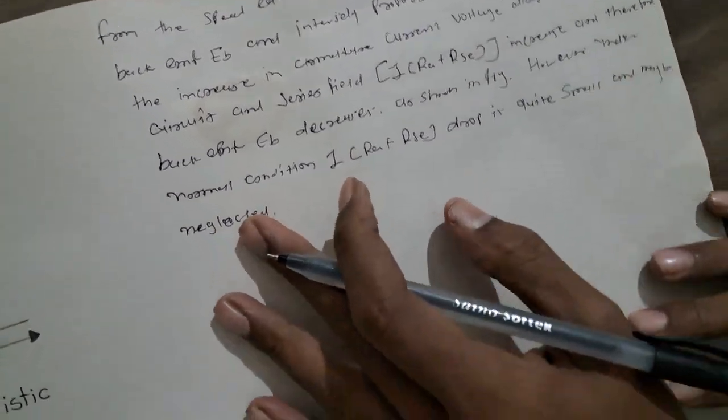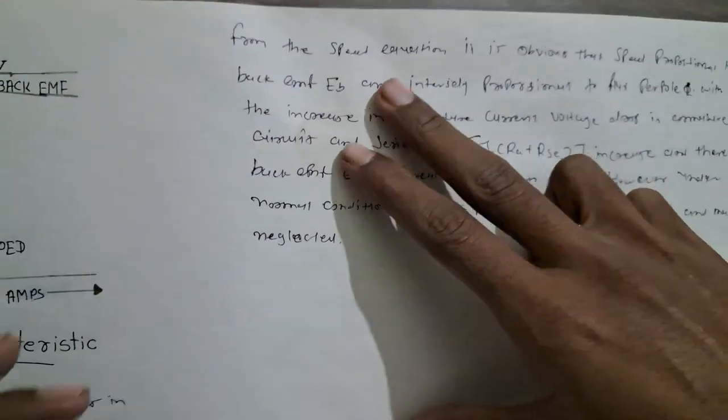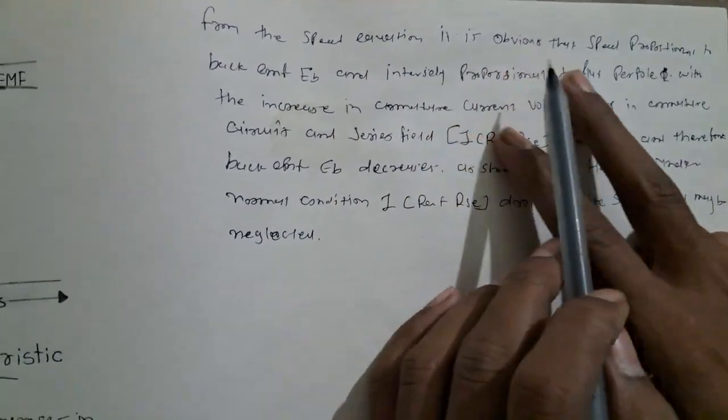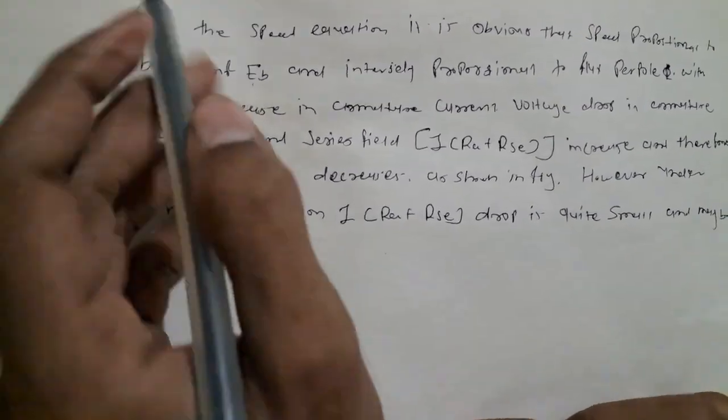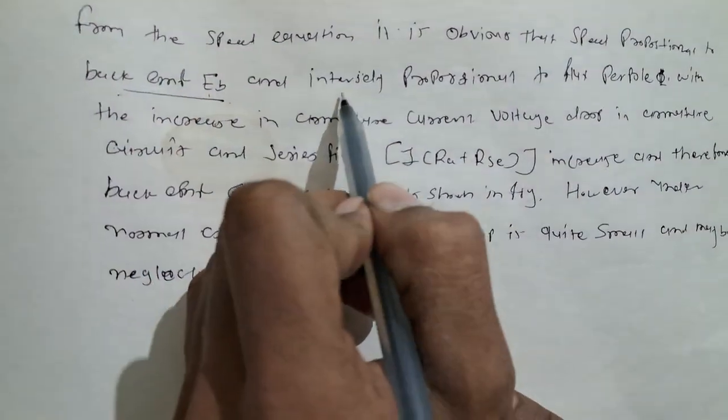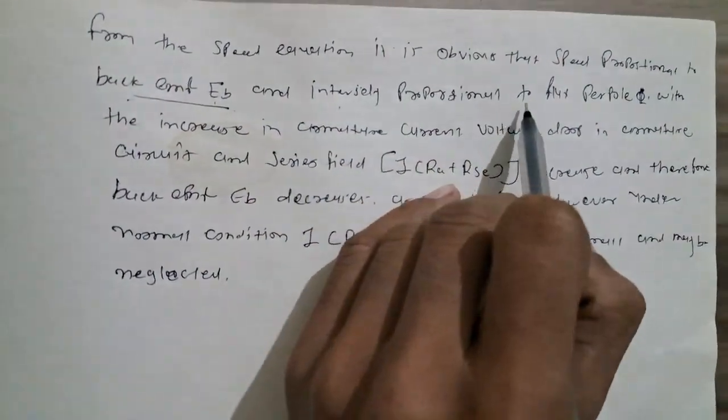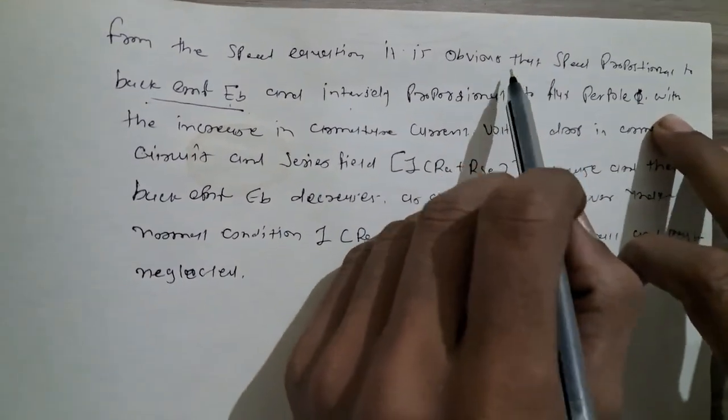From the speed equation, it is obvious that speed is proportional to the back EMF Eb and inversely proportional to the flux per pole.